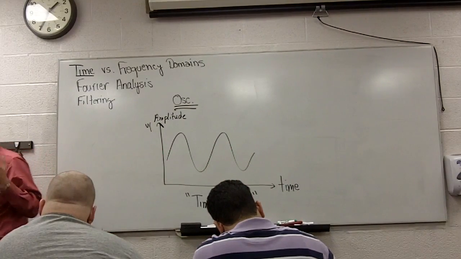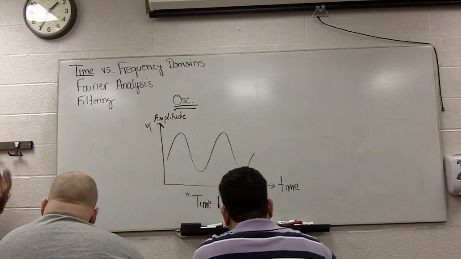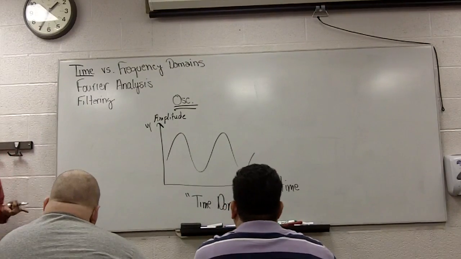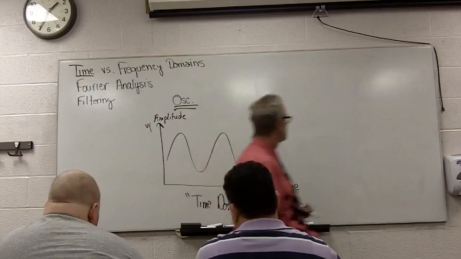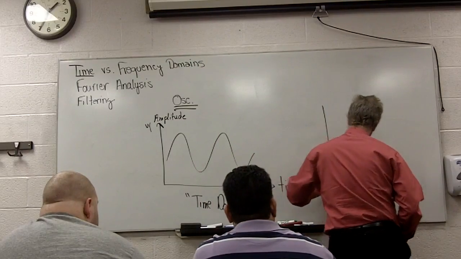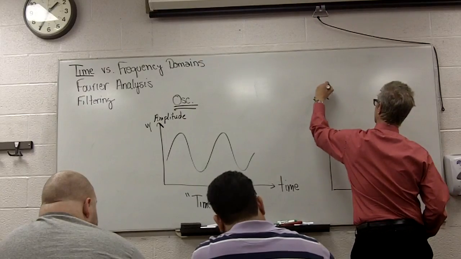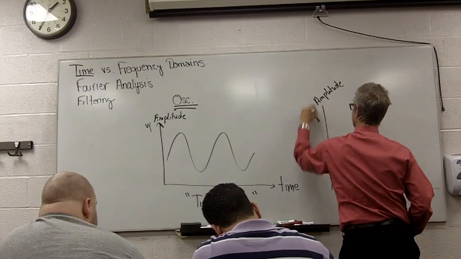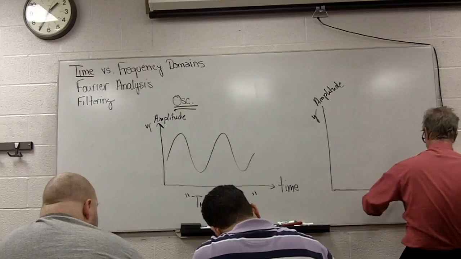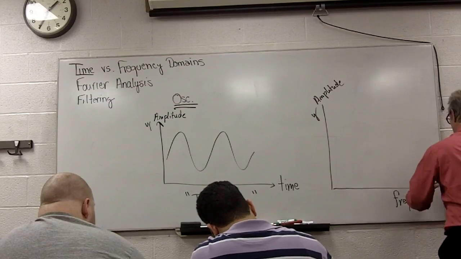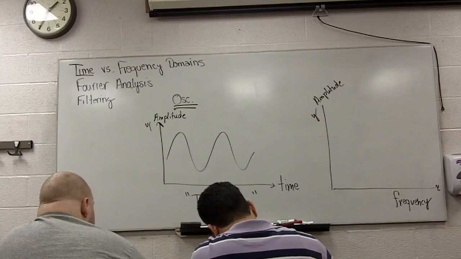But that's only half of the picture, because we can also look at signals in what we call the frequency domain. If we look at a signal in the frequency domain, we're going to have amplitude on the y-axis, and we are going to have frequency on the x-axis.